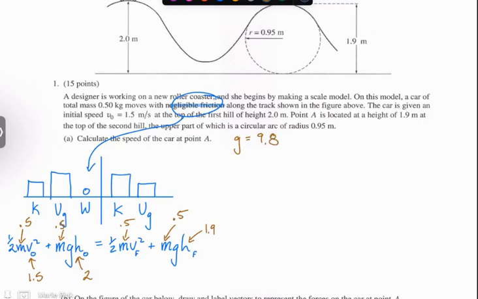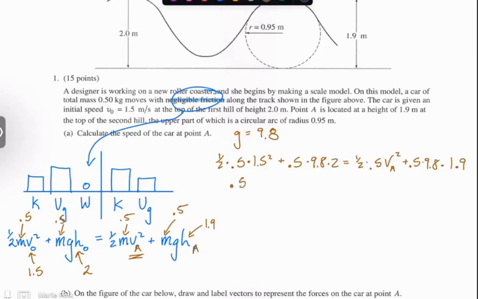All right, so we know everything except for that final velocity at point A. So maybe I could even say velocity A and height A, either of those work. Now I'm going to plug in all of those numbers. I can cancel out the masses if I wanted to. It doesn't matter. This time I didn't, just because I don't feel like it.